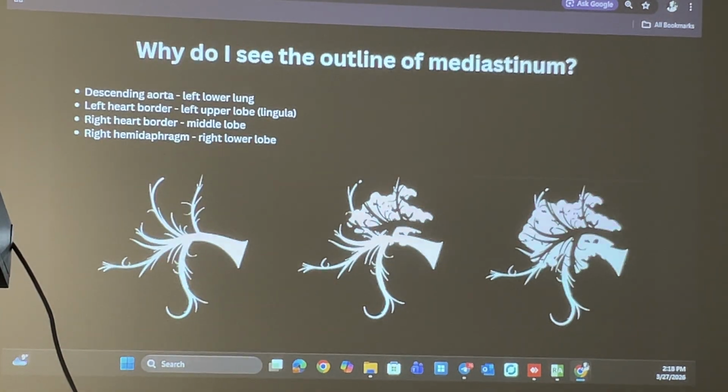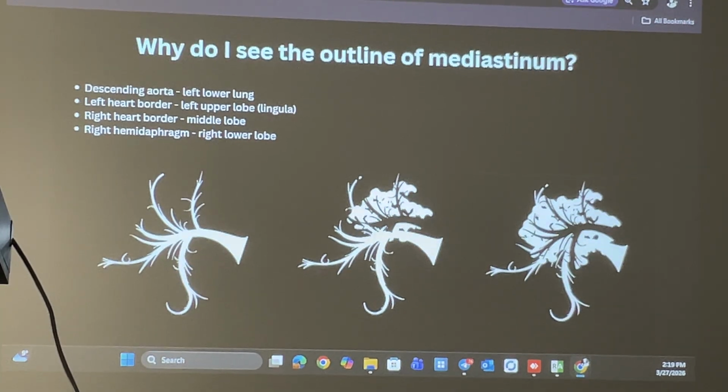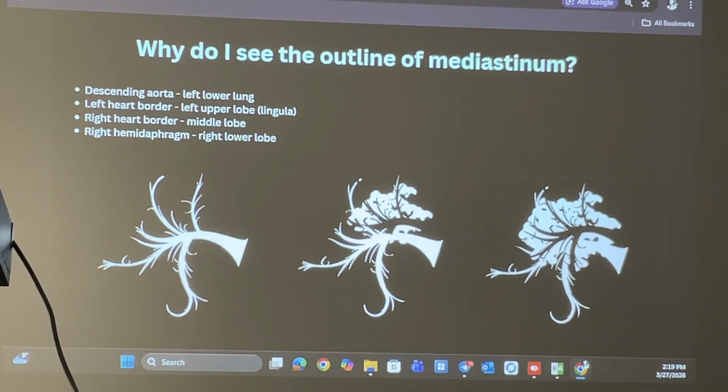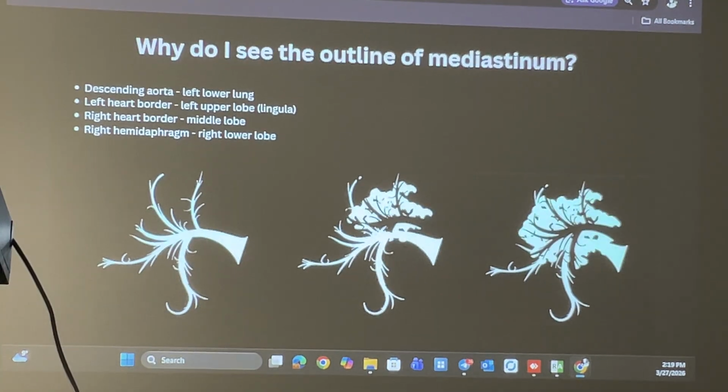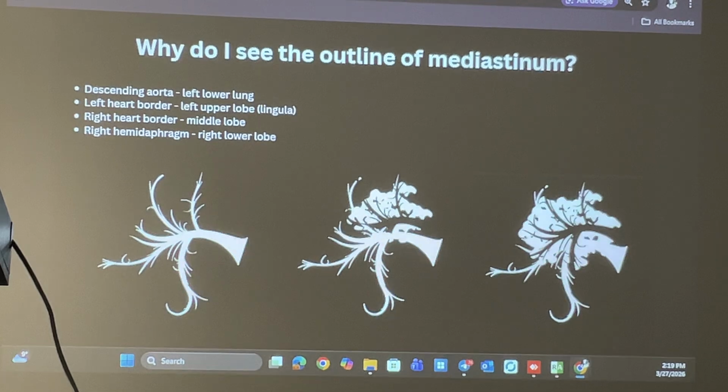Why do we see the outline of the mediastinum? Because of the differences of densities.